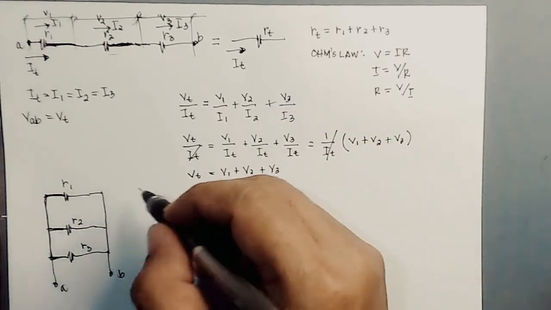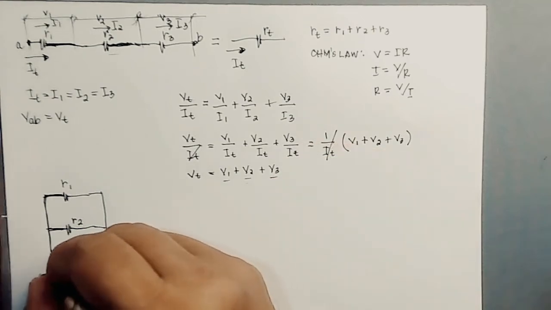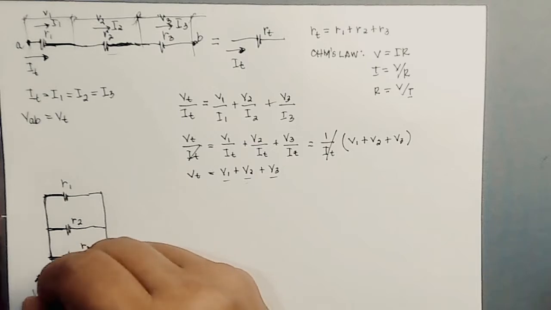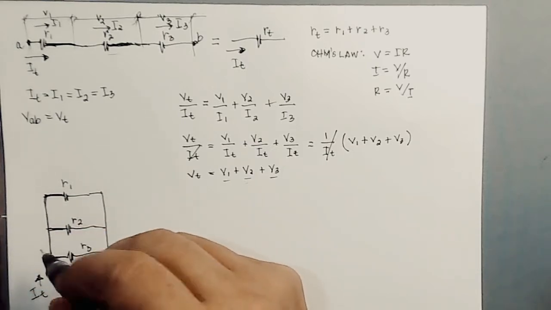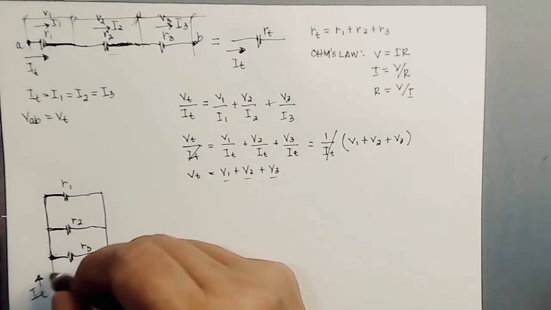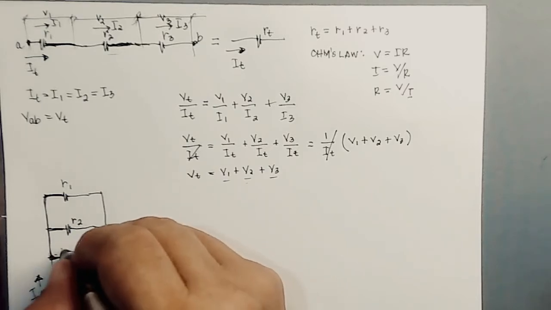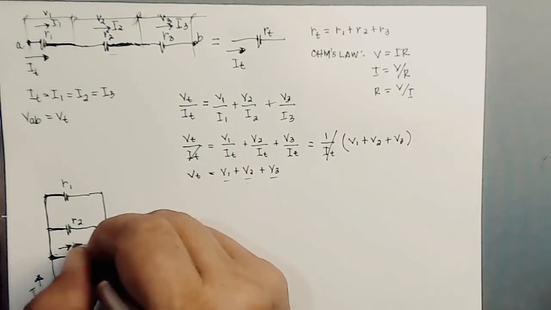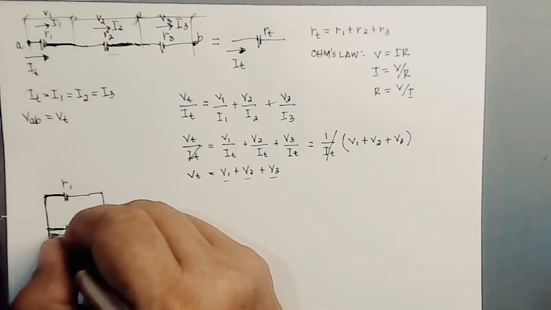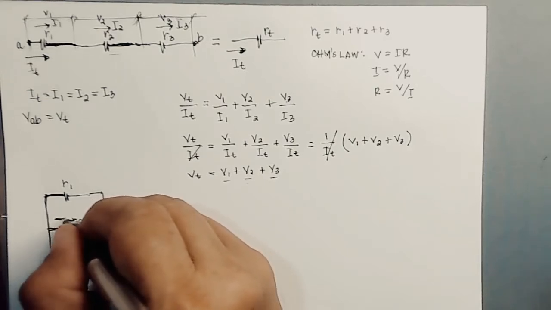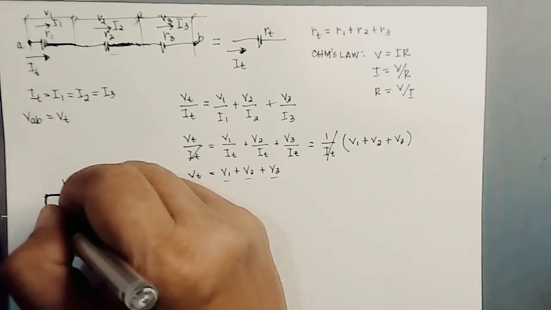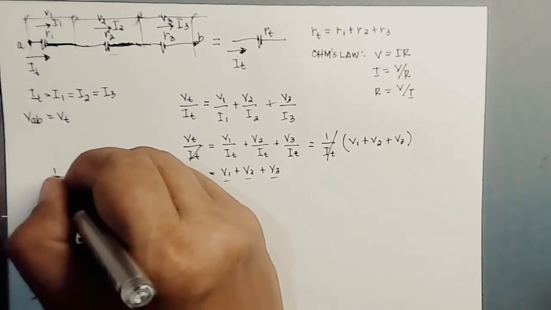So as you can see, if we are to let current I sub t flow or pass through this point from A, the behavior of this current is that when it passes through this point, the current will divide. So some of the current will flow to this branch, which is named as I sub 3, and some of the current will flow here, which is I sub 2, and the current will flow here for I sub 1.